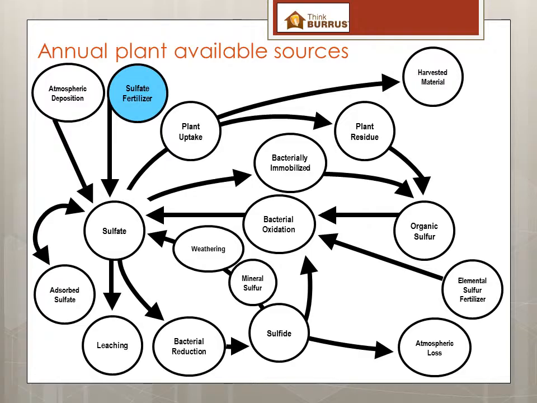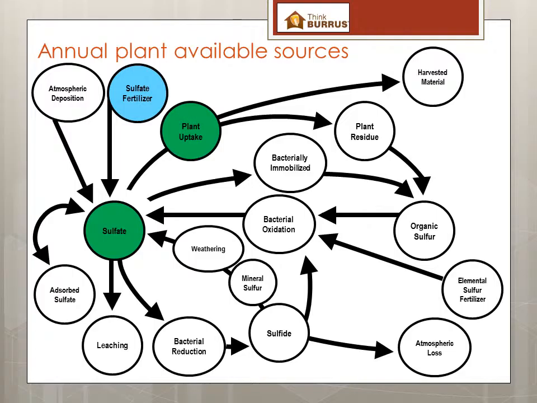Now, when we apply sulfate fertilizer to the soil, it eventually breaks apart. And as it breaks apart, one of the things it immediately breaks apart into is sulfate. And that already should sound like good news to you from the sessions we've attended before. The reason we say that's good news is because we know that sulfate tends to be the form of sulfur that is taken up by the plant.